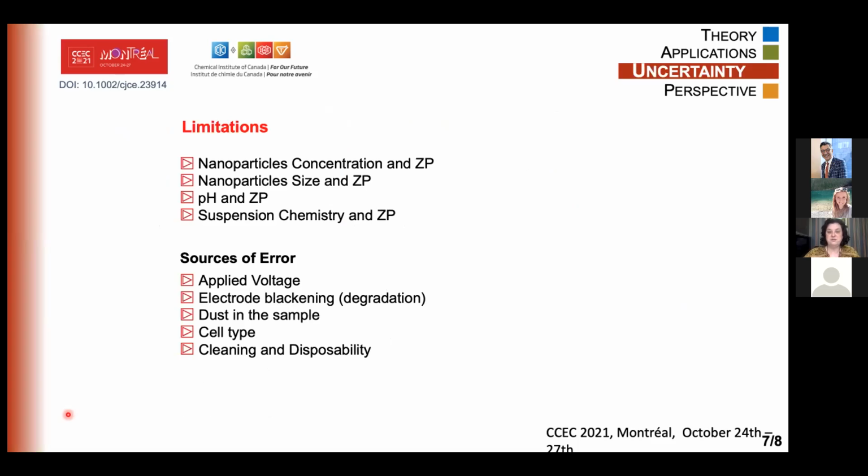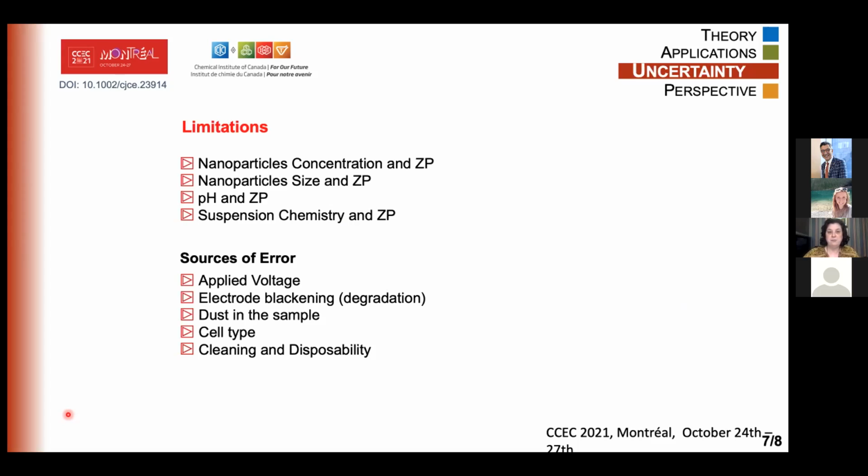So the limitations include nanoparticle concentration, nanoparticle size, pH, and the chemistry of the suspension that you are analyzing, and some sources of errors are the applied voltage, electrode blackening or degradation, dust in the sample, cell types, and cleaning and disposability.